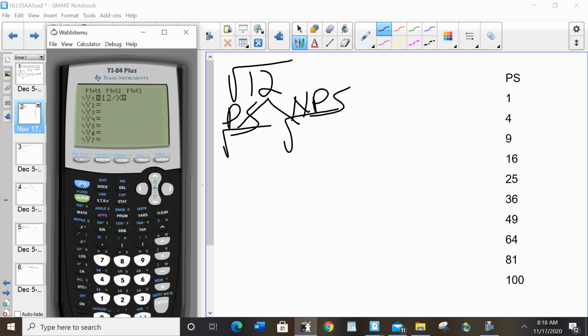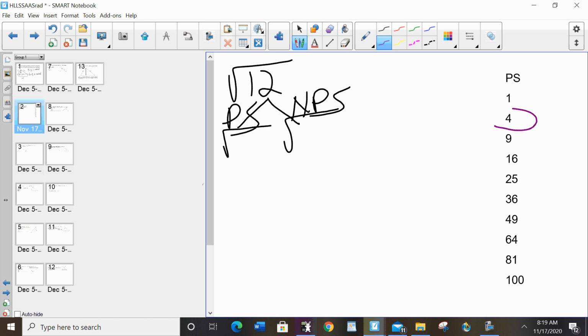You're going to go to your table. You're going to look in your y1 column, and you're going to look for the largest number that's in the y1 column that's on your perfect square list. 12 isn't, 6 isn't, 4 is. So 4 is the perfect square, 3 is the non-perfect square.